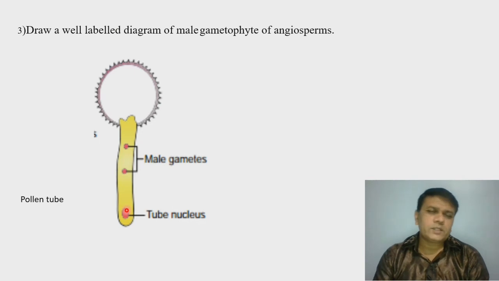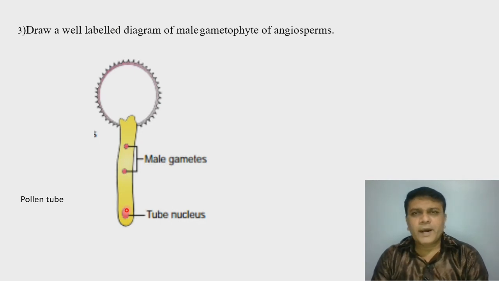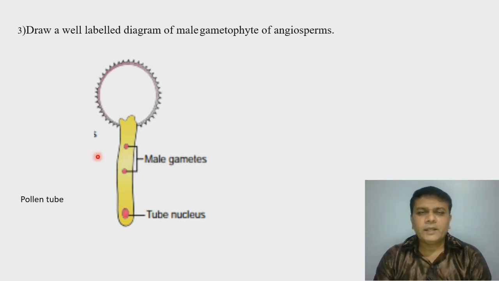So for this diagram, one mark is given and remaining one mark is distributed, that is half mark for each correct label. That means minimum you will have to give two labels, that is half mark will be given to each correct label.